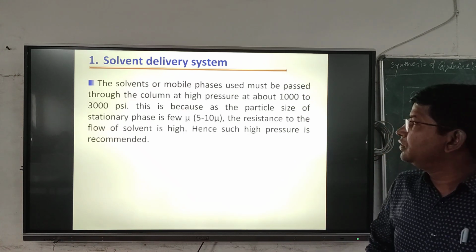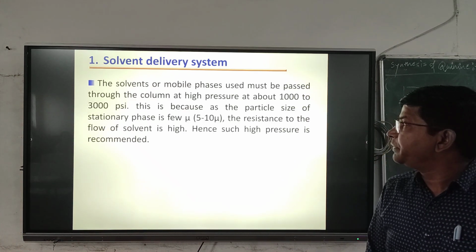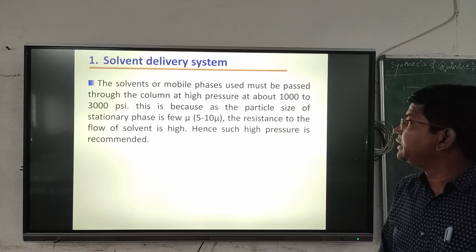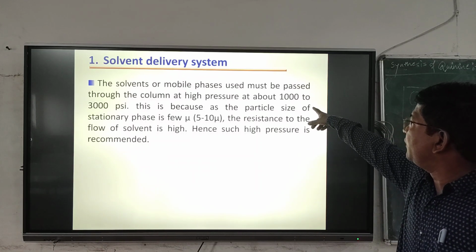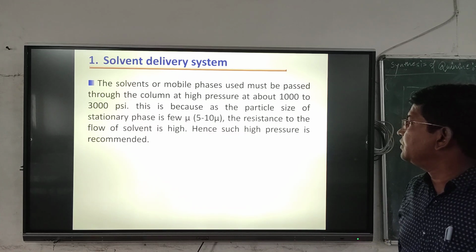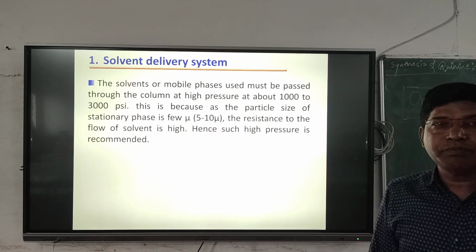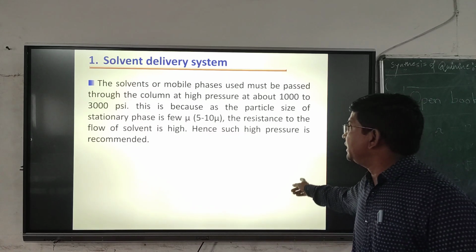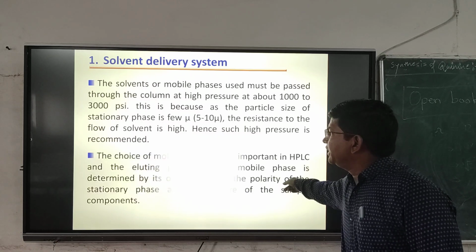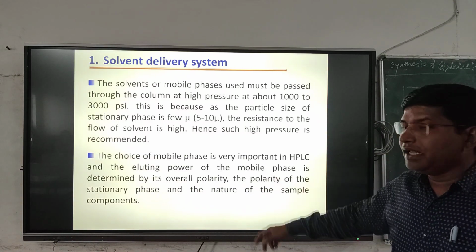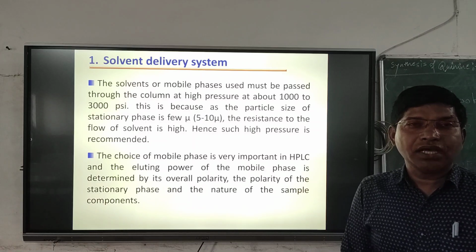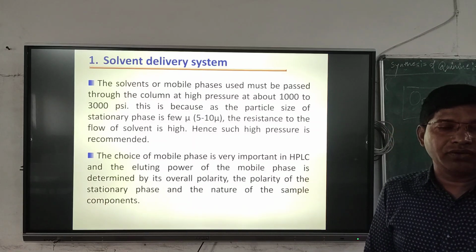Here you should know the pressure used is 1000 to 3000 psi, and it depends upon the size of the stationary phase used. The mobile phase is also an important component in chromatography.